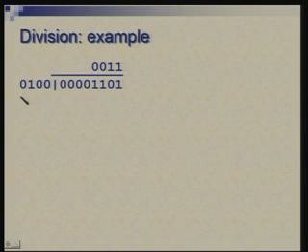We expect that when you divide 13 by 4, you get 3 as the quotient. In anticipation I have put that here, and we should be left with 1 as a remainder.